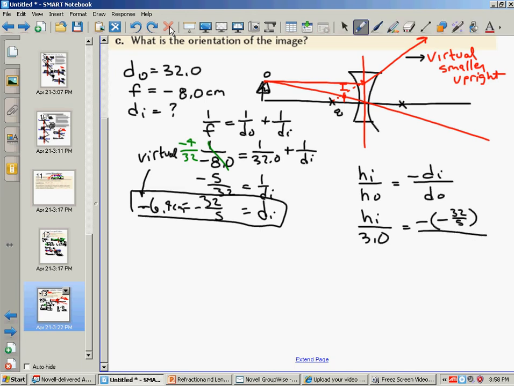And then the distance to my object is 32. So again, I cross multiply. So I take this one times this one. So 32 times 3 is 96. So I get 96 over 5. And that's positive. And when I multiply these two, I get 32 hi.